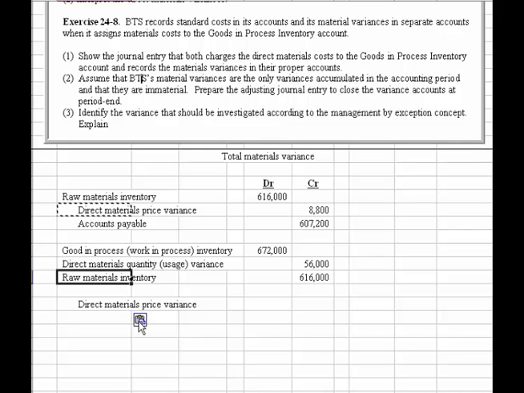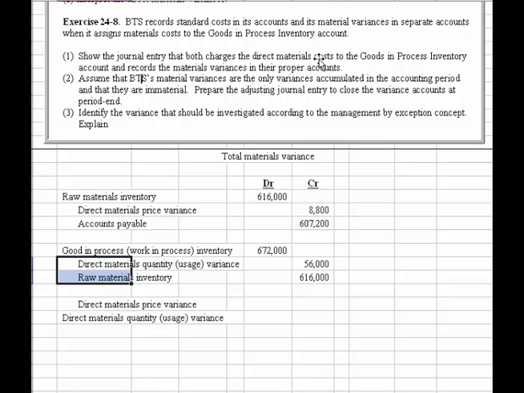So closing it means we know that we had an $8,800 credit balance in the direct materials price variance. We also had an amount in the direct materials. Oh, and one little mistake, I did not have this in proper form. Both of these would need to be indented. Okay, so then if I copy this over here, let's get those indented the correct way now.